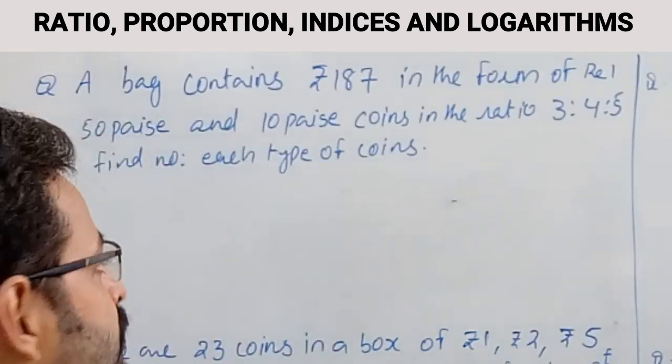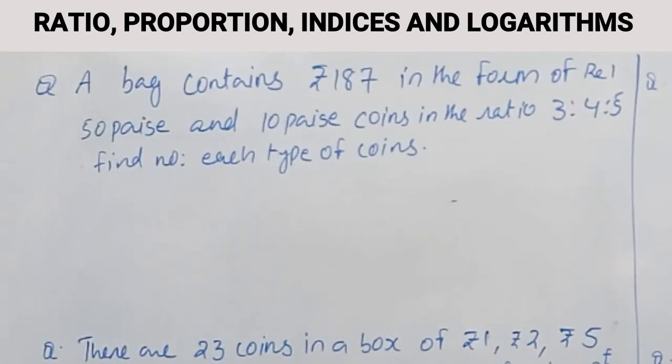Okay. Next question. A bag contains rupees 187 in the form of rupee 1, 50 paise and 10 paise coins in the ratio 3 is to 4 is to 5. Find the number of each type of coins.